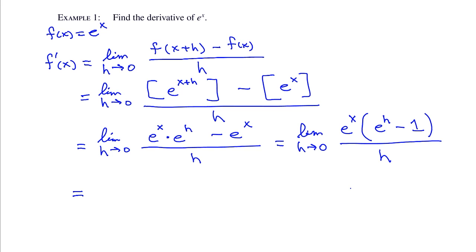So anything with an x can come out to the front, because technically it's considered a constant for the limit. The limit is about h's, not x's. So this is e to the x times the limit as h goes to 0 of e to the h minus 1 over h.